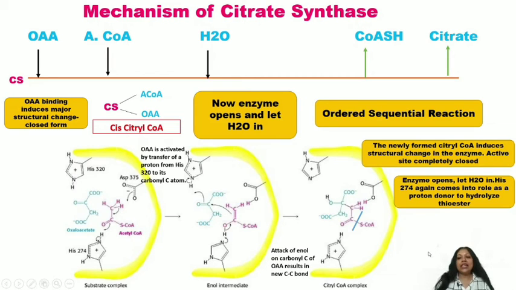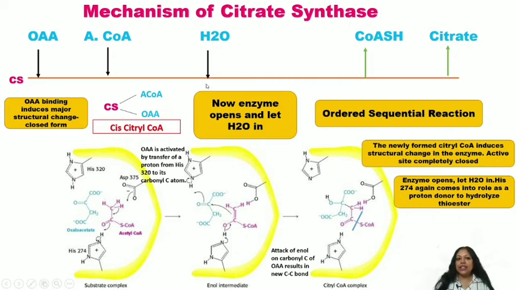So, it is very important to allow water inside the active site only when it is important, and you have discussed a similar kind of reaction when we were discussing hexokinase, where water is actually prohibited.